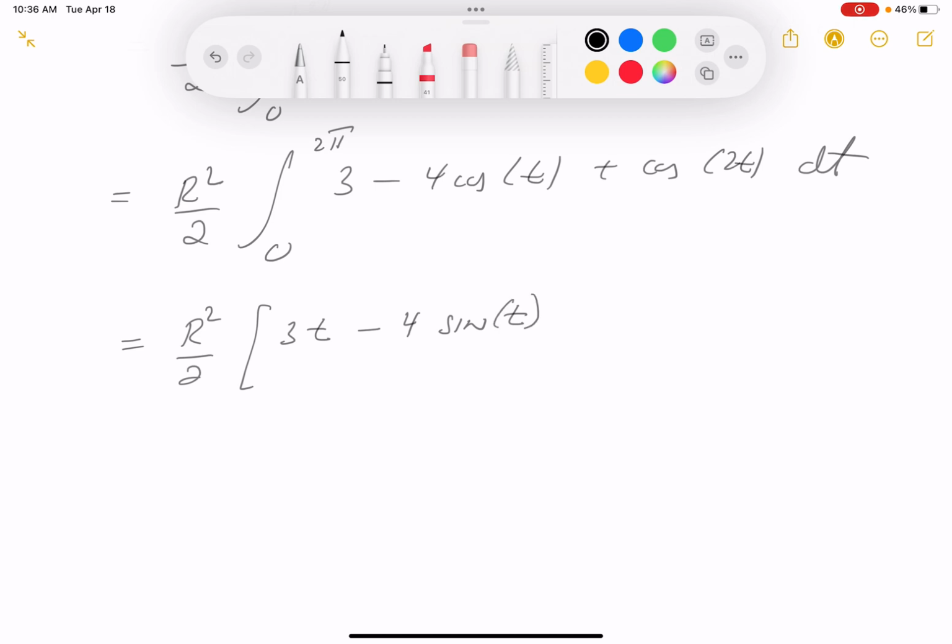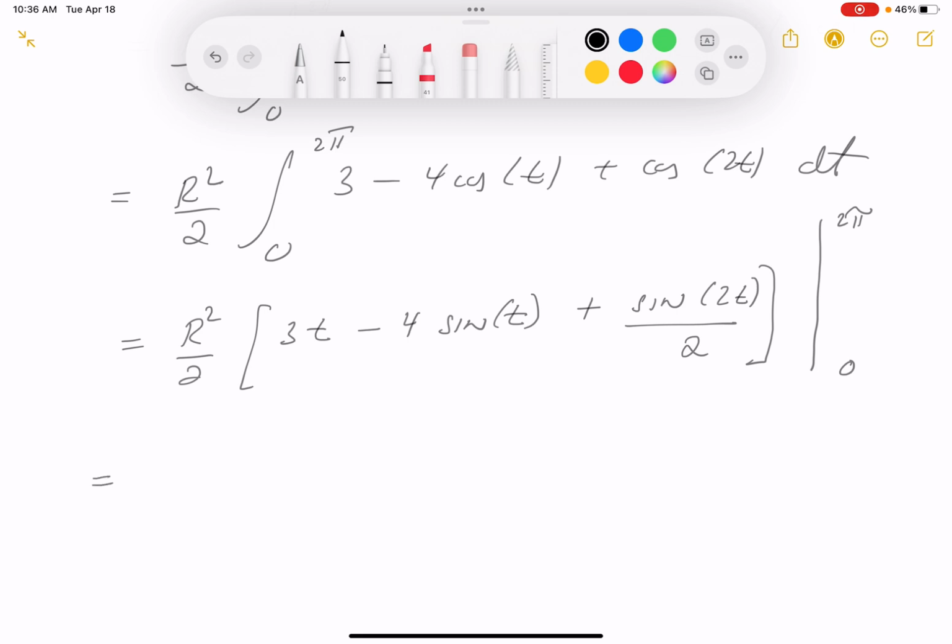Let me make sure that's true. Yeah, that's good. And then what do you get? Plus sine of 2t over 2. Limits of integration go from 0 to 2 pi.